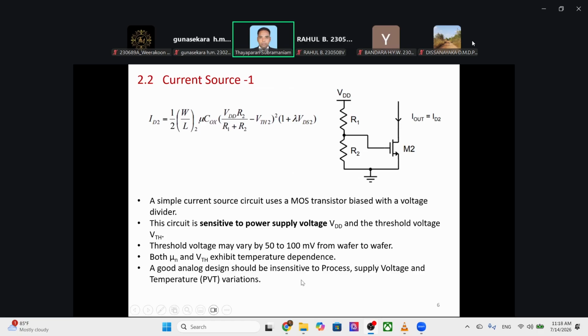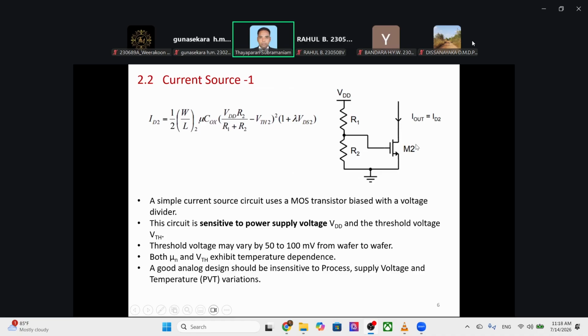Good analog design should be insensitive to process, supply voltage and temperature variations. So what we are trying to see is that even though we have a simple circuit here, it is not fit, for two reasons. Not fit means that if you have an application which can tolerate high variations in the current source, then that is fine.